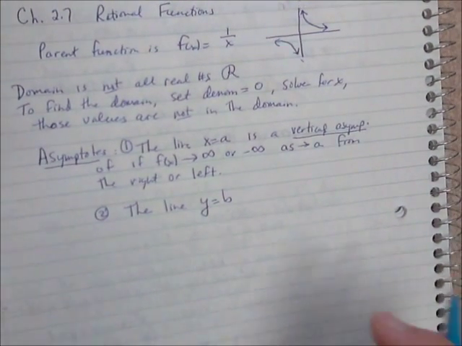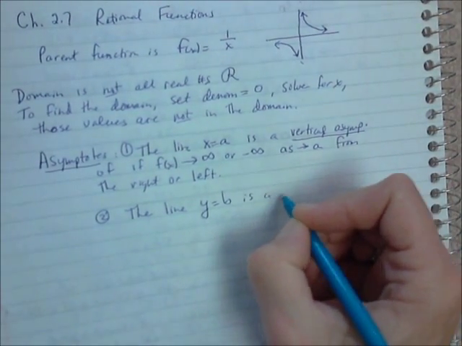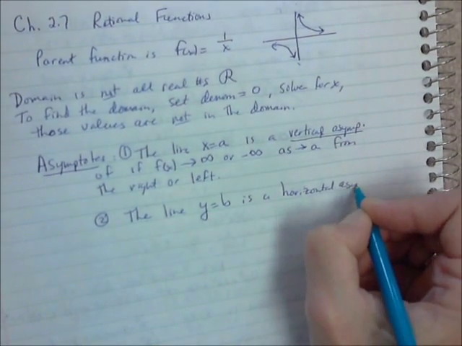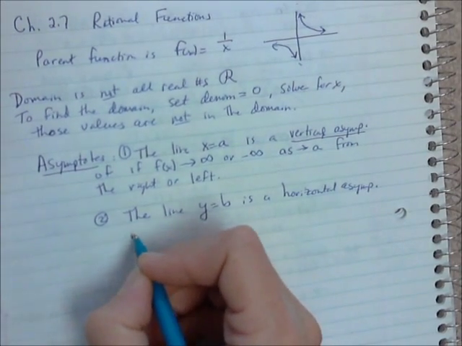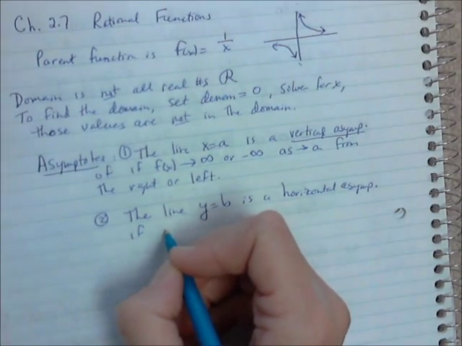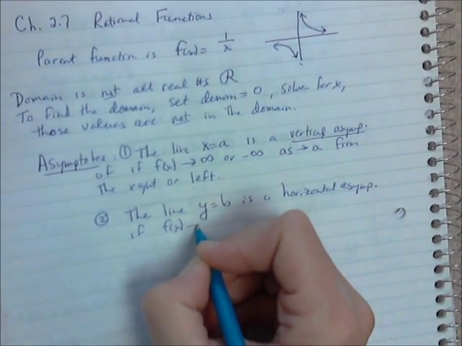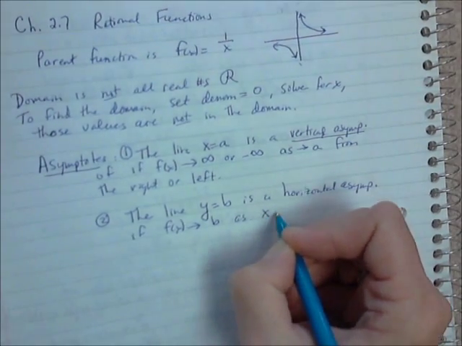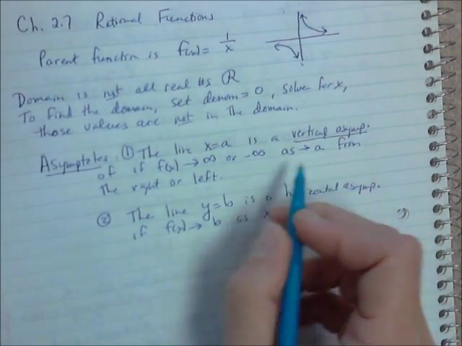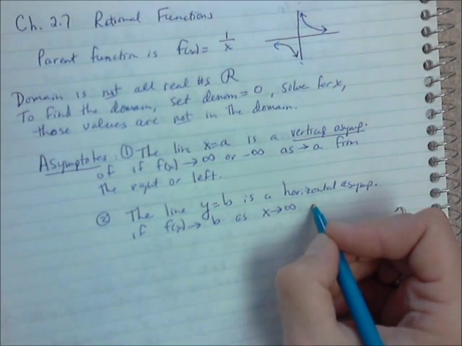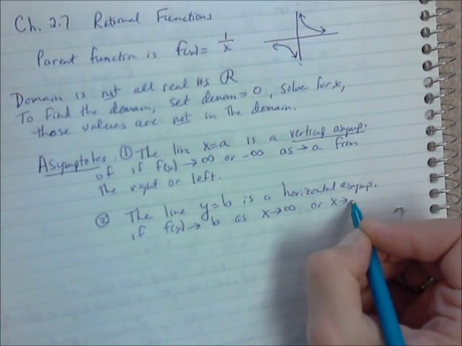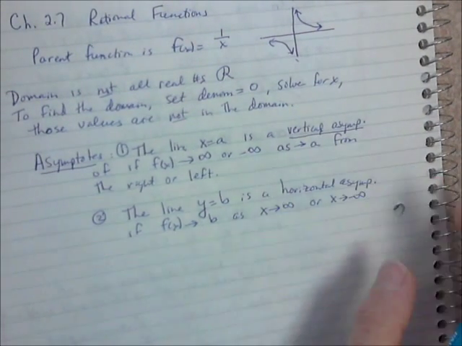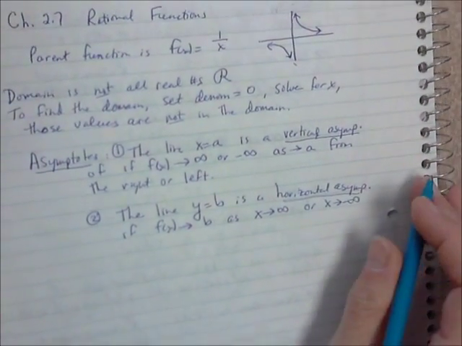The line y equals b is a horizontal asymptote if the function f of x gets closer and closer to that value b as x goes to infinity, which means it goes to the right forever, or x goes to negative infinity, which means it goes to the left forever. So we'll take a look at the horizontal asymptote up at our parent function.